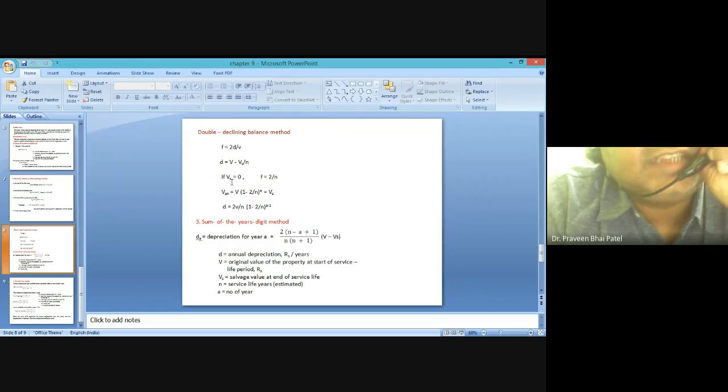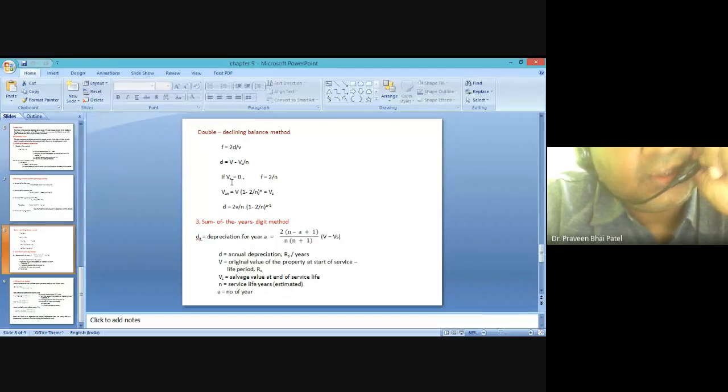So this is the depreciation if we have to calculate depreciation every year and we are not considering Vs equal to 0, then we have a new formula below here: D = 2(N - A + 1)/(N(N + 1)) times (V - Vs).